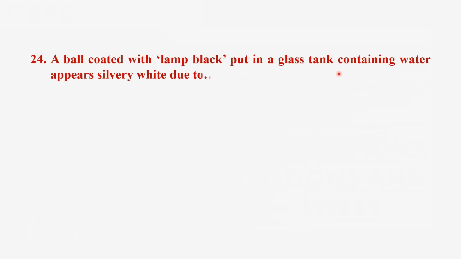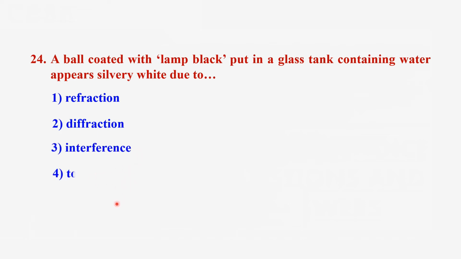Okay. Next, a ball coated with lamp black put in a glass tank containing water appears silvery white due to: refraction, diffraction, interference, or total internal reflection. It appears silvery white due to total internal reflection.